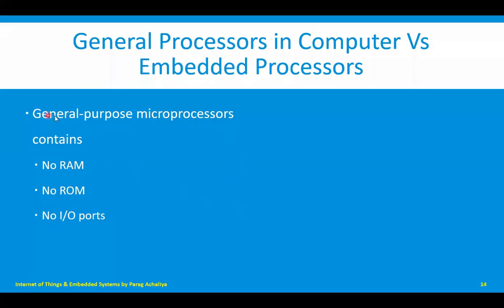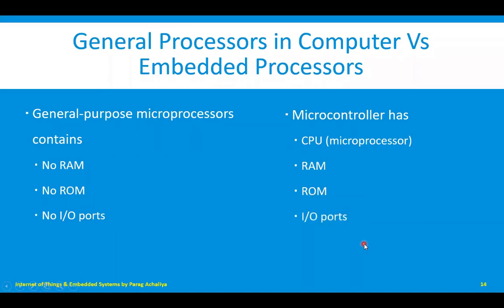In contrast with general purpose microprocessors, there are microcontrollers, and the microcontroller has, number one, a CPU. Central processing unit is nothing but your CPU. Then the microcontroller will have RAM, random access memory, read only memory, IO ports and timer.